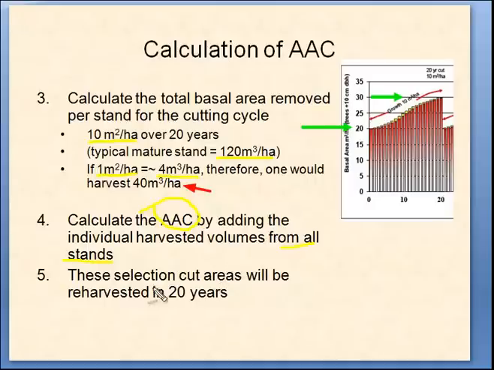And these selected areas will be reharvested in 20 years again. This is cool because woodlot owners always can't imagine how it works. By doing this, you have a constant income over time from a forest without ever losing your forest. This is the wonderful thing about this approach.